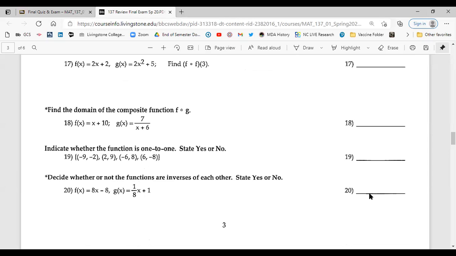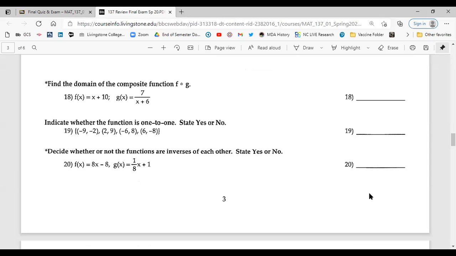All right. Number 18. Find the domain of the composite function. So basically this is kind of a two-part process here. All right, so f of x. Now, one is a linear function, and the other is a rational function.